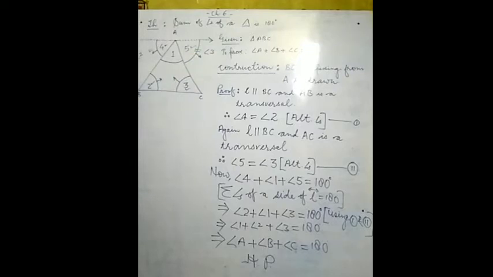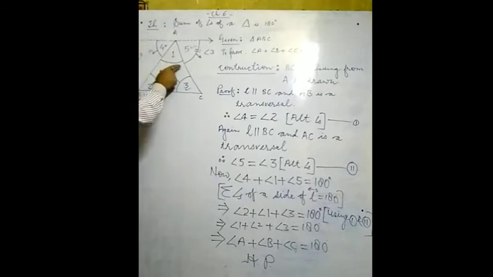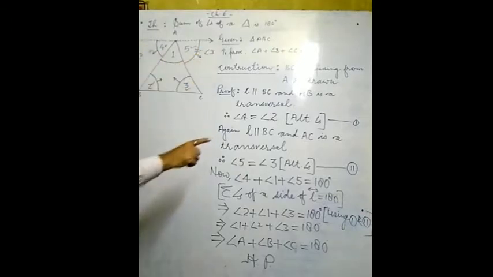You may observe in the place of angle 4 plus angle 1 plus angle 5 we can note down angle 2 plus angle 1 plus angle 3, and that will be equal to 180 degrees. Why? Because the sum of all the angles to a side of a straight line is always 180 degrees. So angle 2 plus angle 1 plus angle 3 equals 180 degrees.